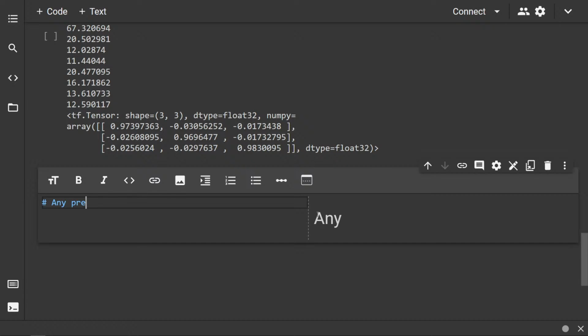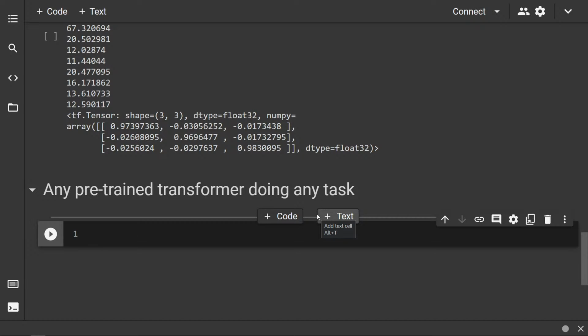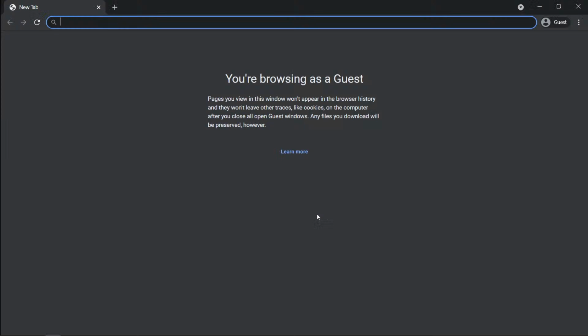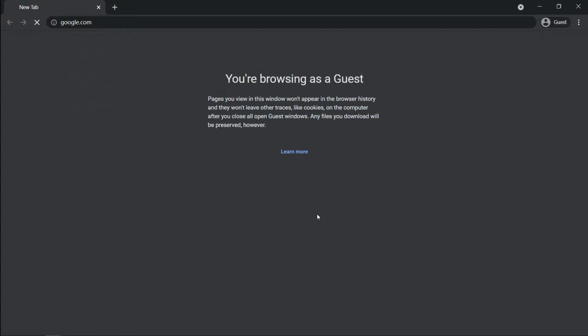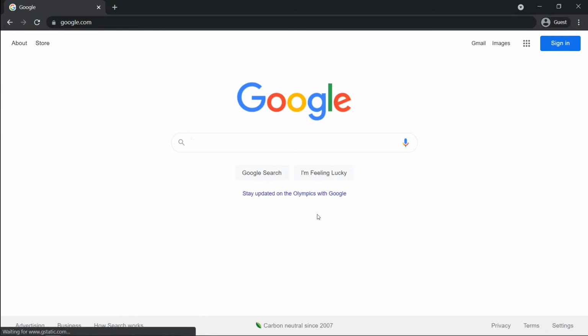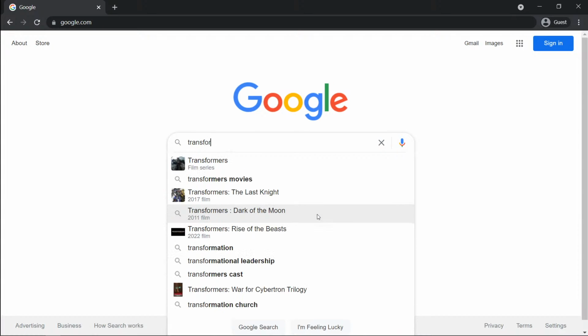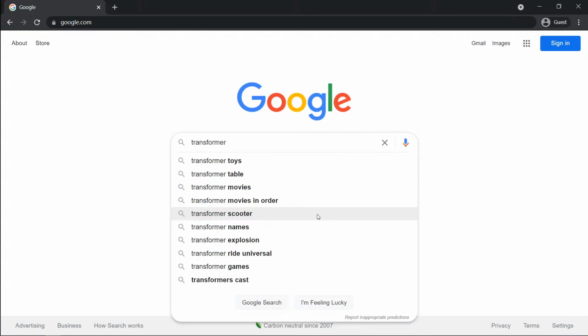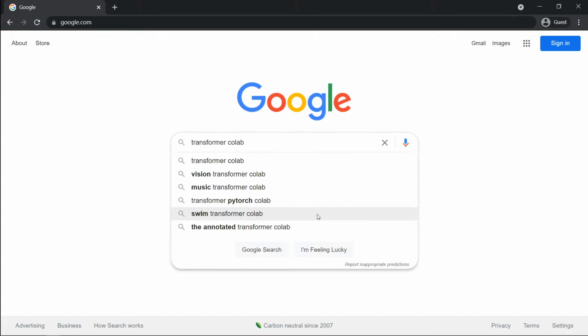Any pre-trained transformer doing any task, preferably as small as possible. So I think we'll just search the internet to see what we have going. Like transformer in a Colab notebook.